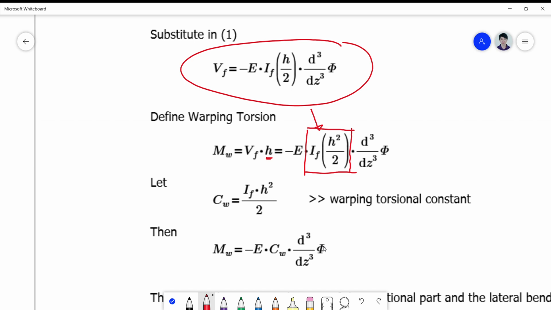It is not the curvature that we are using in flexural behavior. So this is not the curvature, but rather it is the angle of twist.